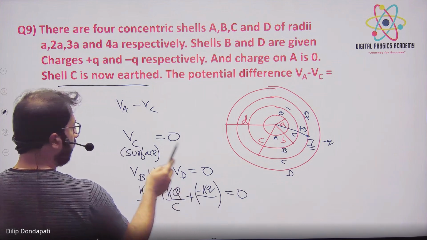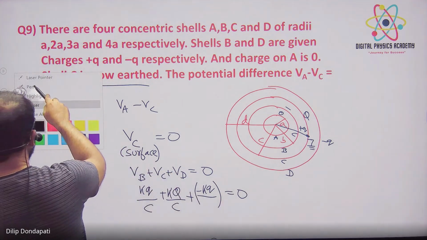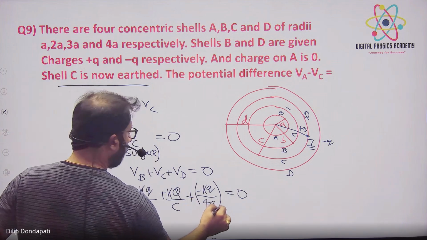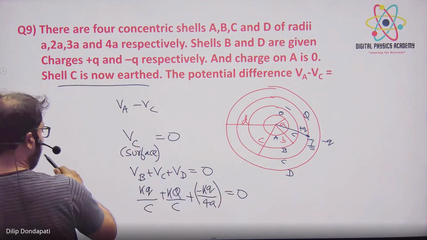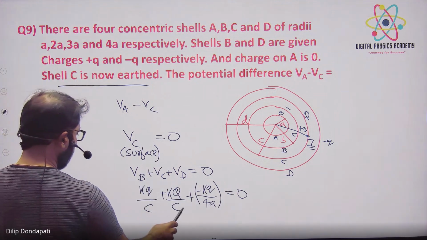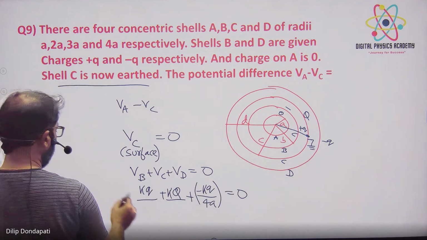D is 4, right? And C is 3. Put in the radii.